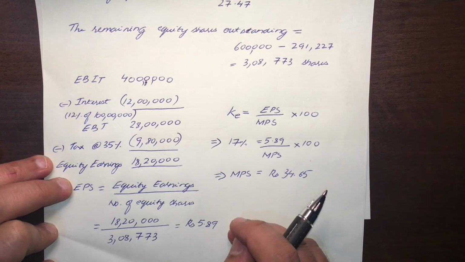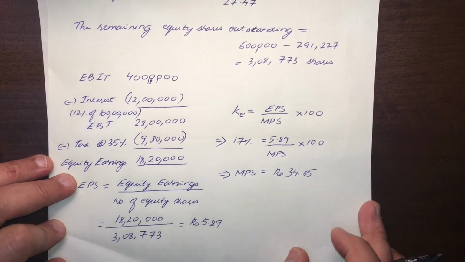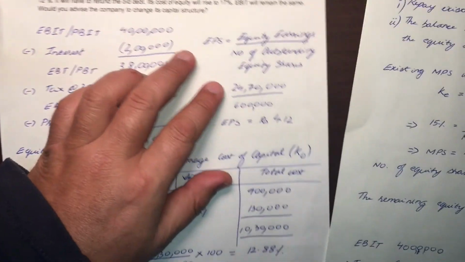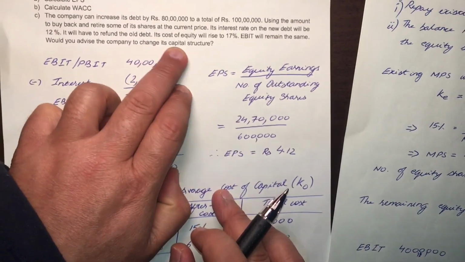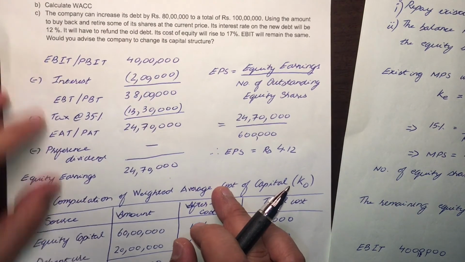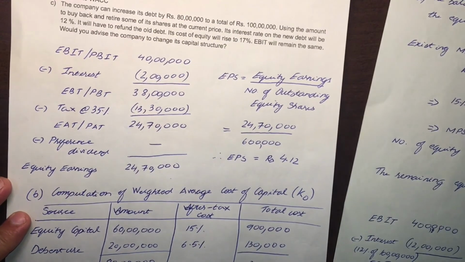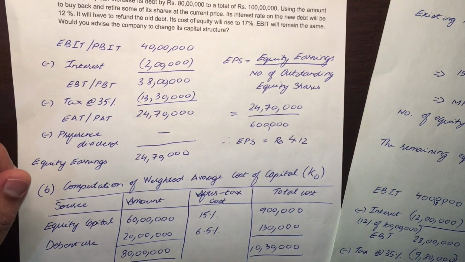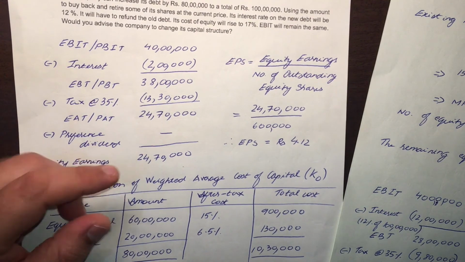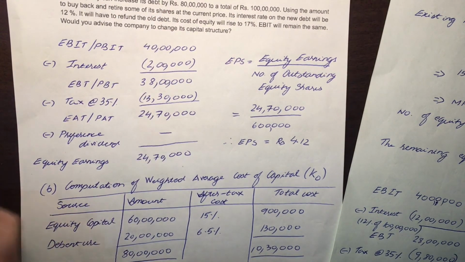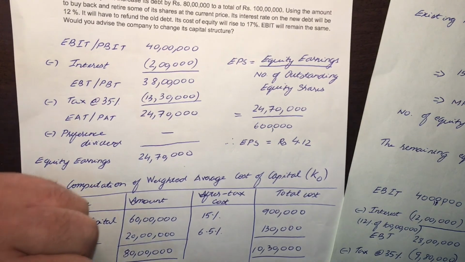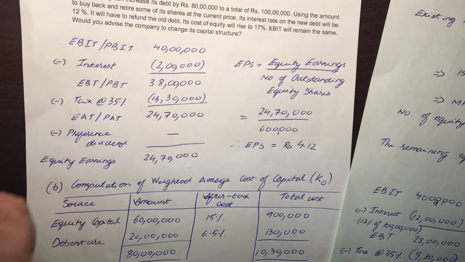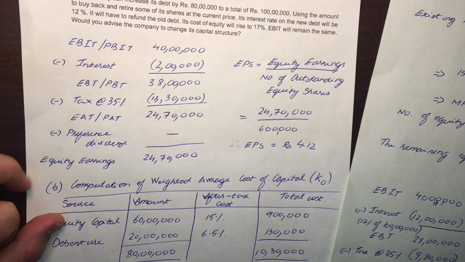Now the question is, would you advise the company to change its capital structure? Now, you will advise the company to change its capital structure when two things happen. When the EPS, the earnings per share, increases under the new capital structure, and when the market price per share also increases under the new capital structure, then only you will change it.